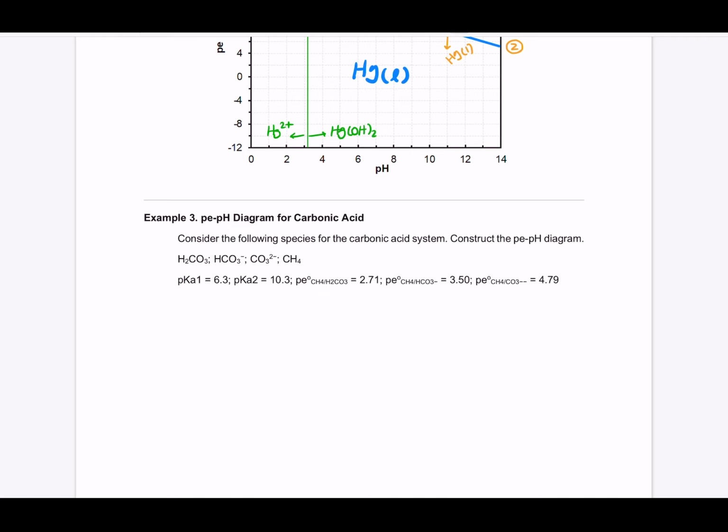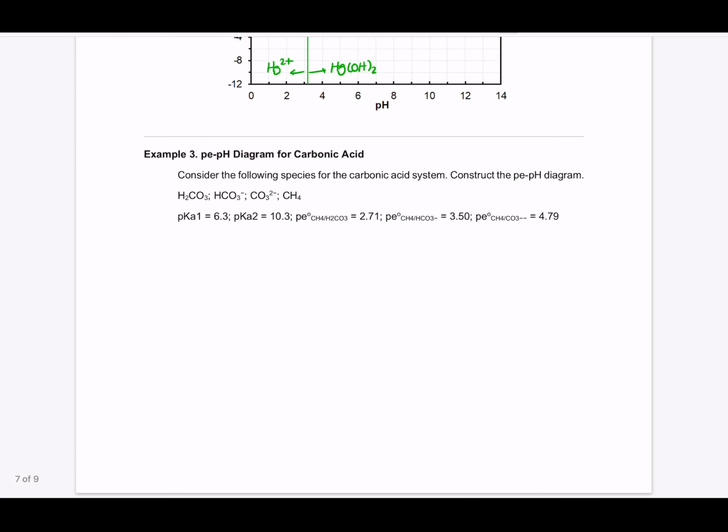So it's a system with carbonate or carbon: H2CO3, carbonic acid, bicarbonate, carbonate. Obviously, these are from a pKa1, pKa2. So even without doing the calculation for oxidation state, we know this is a part of an acid base. But this guy, the oxidation state is different, methane. So that means it's different than this one, different than this one, and different than this one.